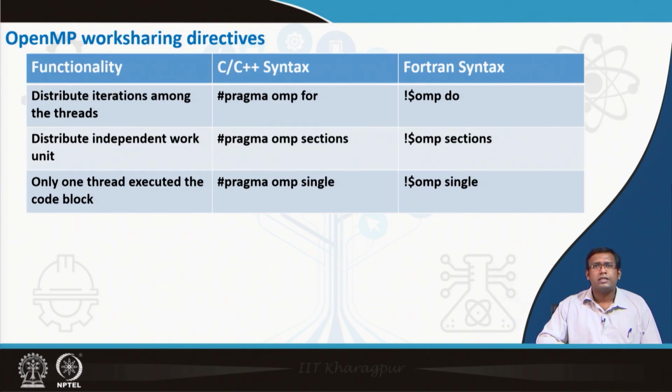We have earlier seen that whenever we need to do something in parallel in OpenMP, the first important directive is hash pragma OMP parallel, or in Fortran, sentinel OMP parallel.